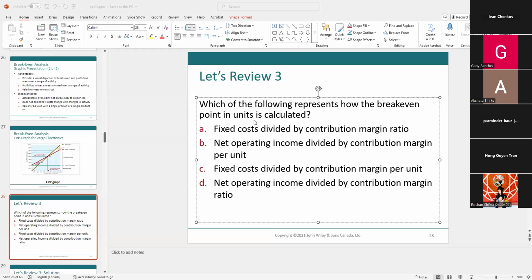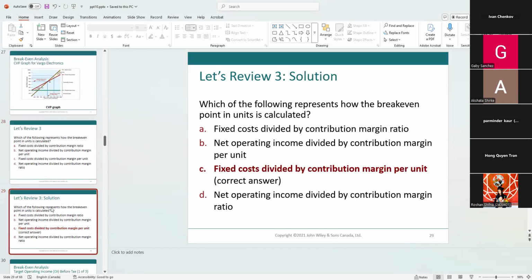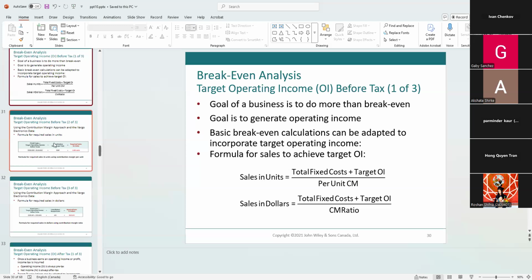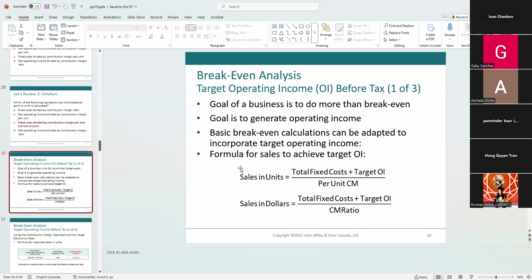So here we have the break-even point in units: fixed cost divided by contribution margin per unit. And we got it. So next one, let's keep going. Target operating income. How can I get the target operating income, or the desired income that I want? Well, we have to do a slight modification of those two formulas that we just showed.